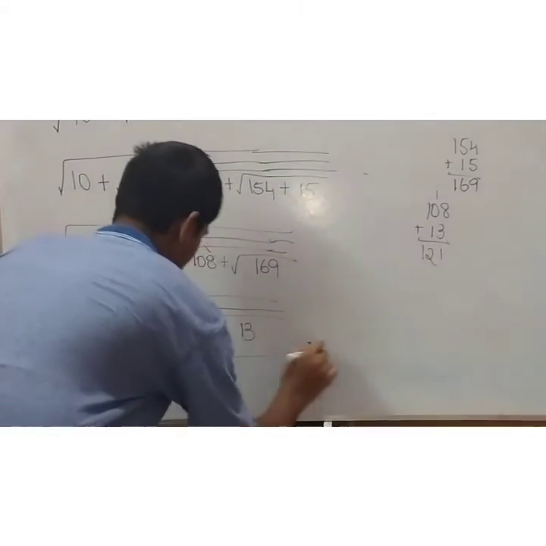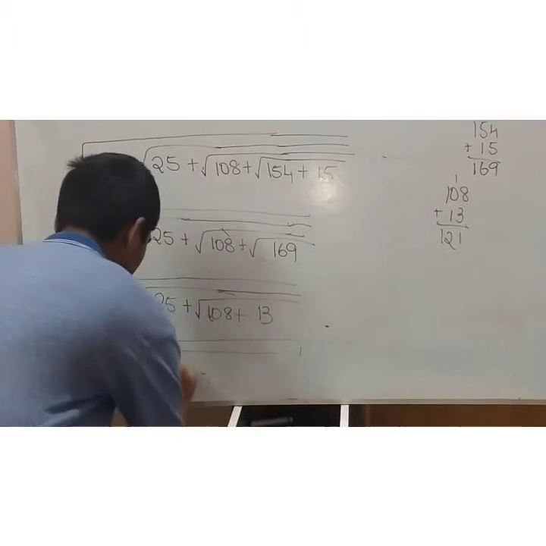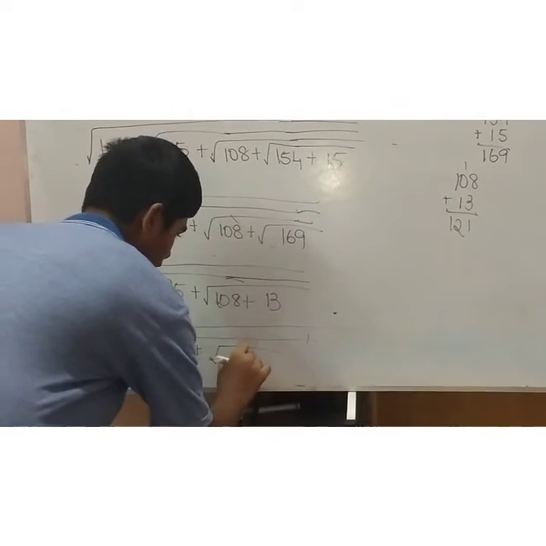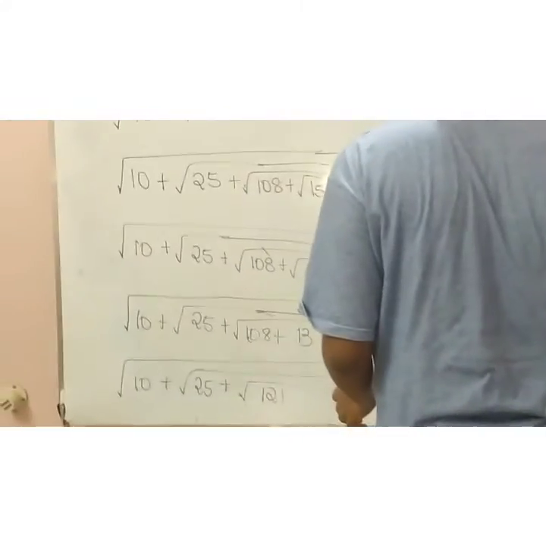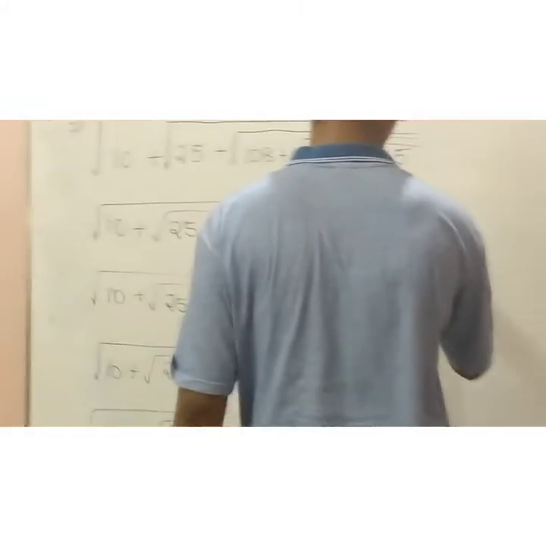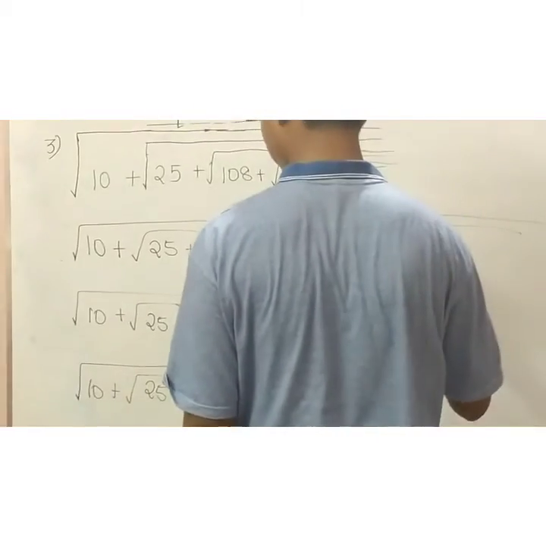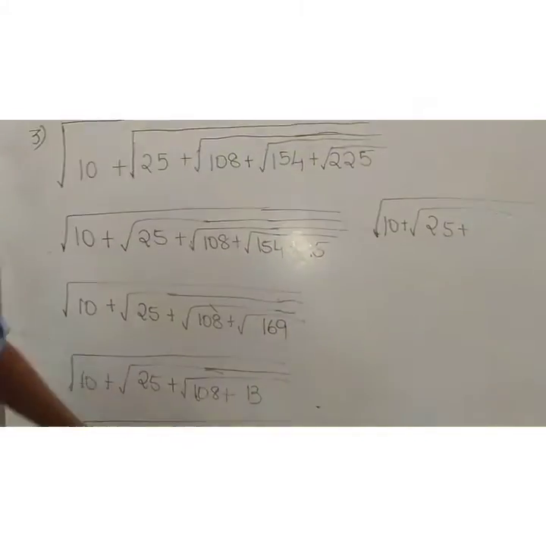Now root of 10 plus root of 25 plus root of 121. Root 121 is 11.